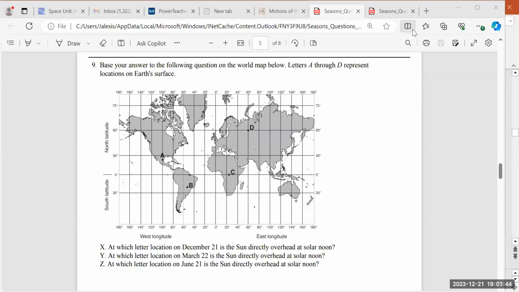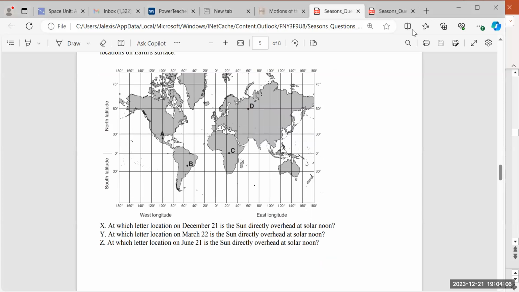All right, number 9. Number 9 says, base the answer to the following question on the map below. Letters A to B represent locations on Earth's surface. And X says, at which letter location on December 21st is the sun directly overhead at solar noon? All right, so this is straight from my notes.